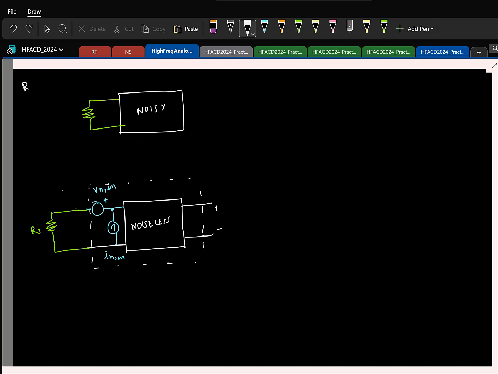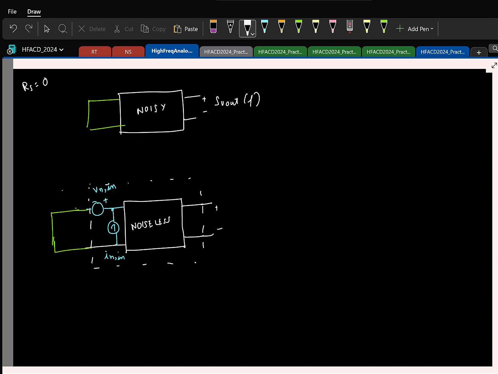In one case I'll put Rs to be 0, which means I'll short this. Then I'll find what is my Sv out of f. This you know how to find. You take each noise source in the network one at a time, find the transfer function from that noise source to the output, and so on. You know how to do this.